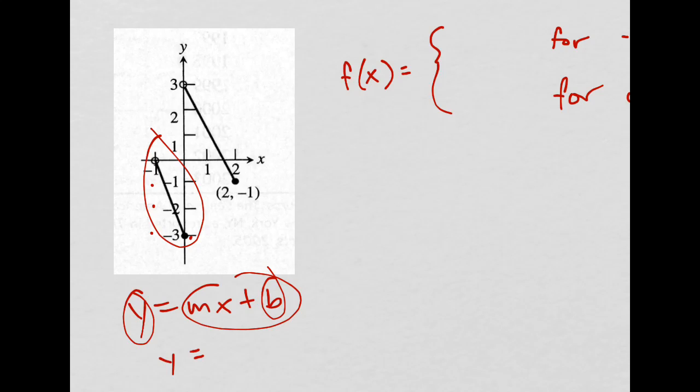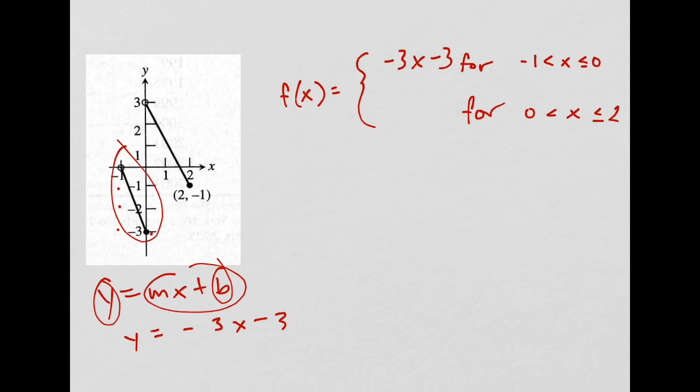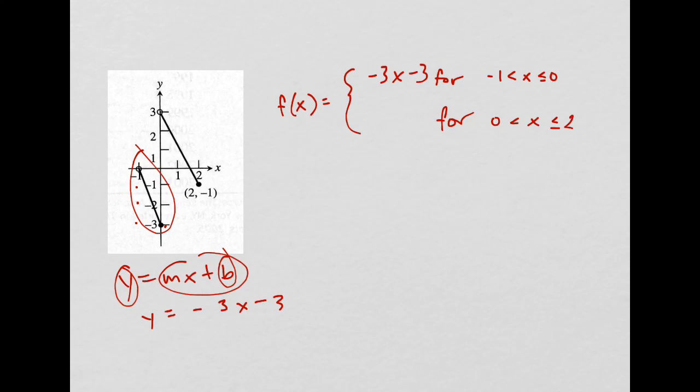It's negative, so negative 3 over 1 x minus 3, because the y-intercept is negative 3. There we go. Negative 3x minus 3 for x in between negative 1 and 0, including 0, not including negative 1.